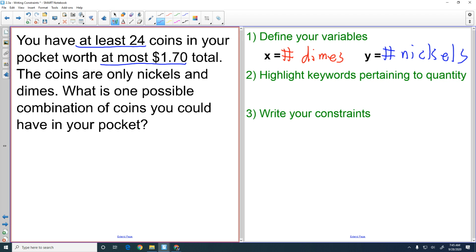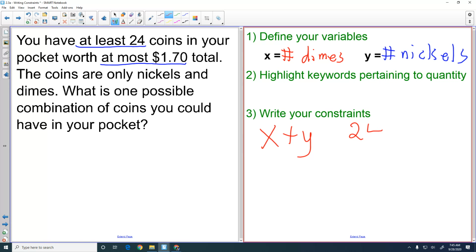I don't know exactly how much of each I have, but I know that if I take the number of dimes and I add the number of nickels, whatever those numbers are, I don't know what they are, that's why I'm using variables, but if I add those numbers together, it's got to be at least 24.